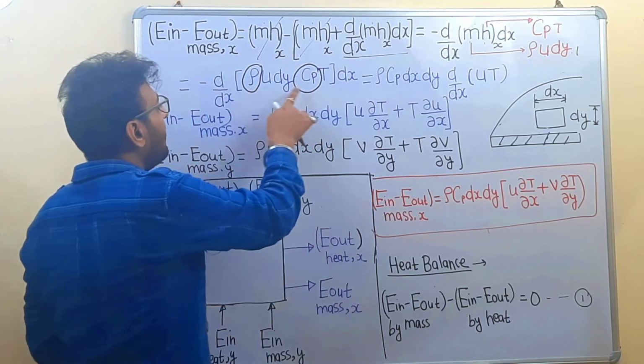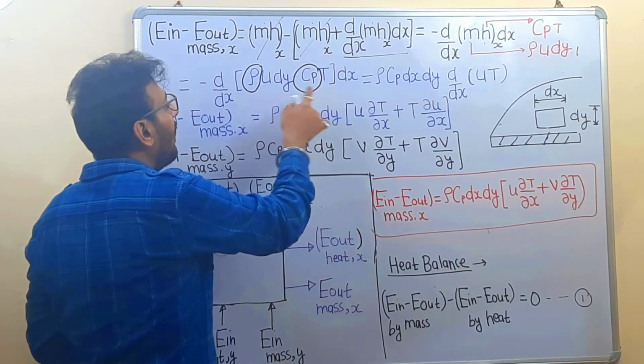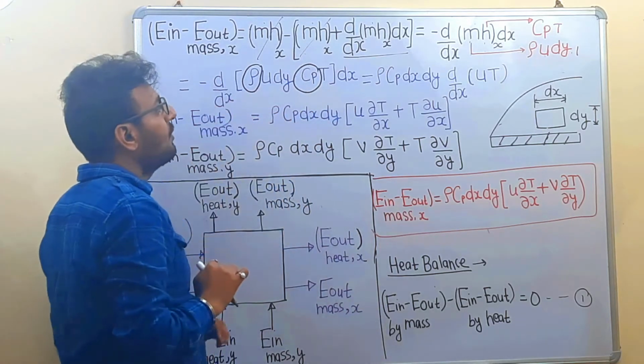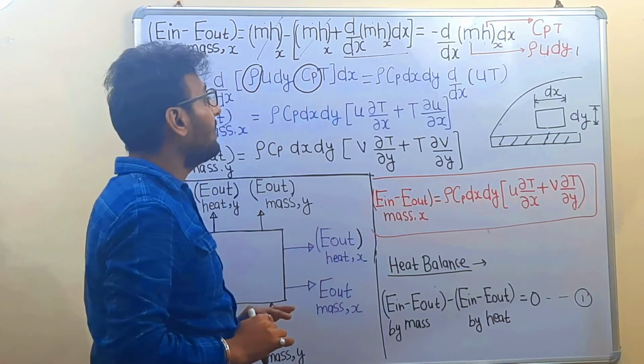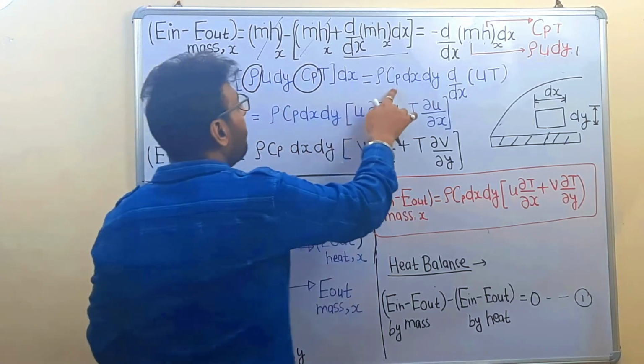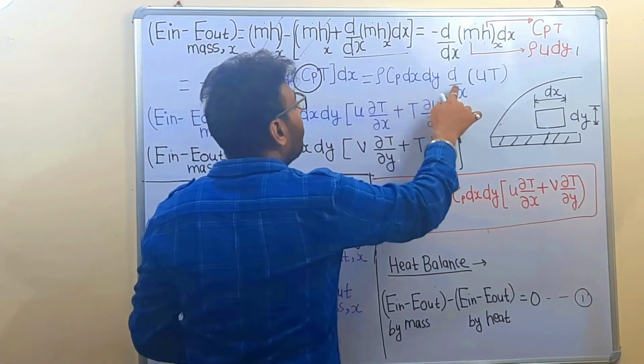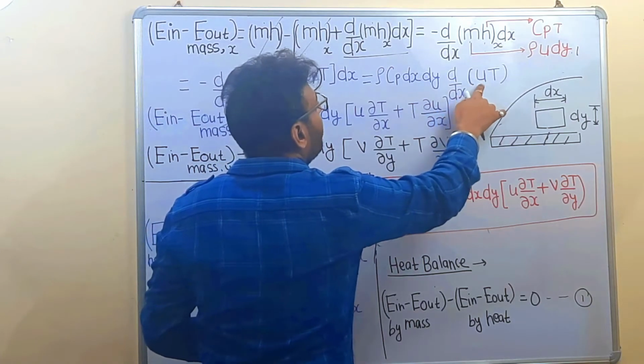When these are constant, they can be taken out of the derivative. So our equation will be converted like this: rho c p dx dy d upon dx of u T.